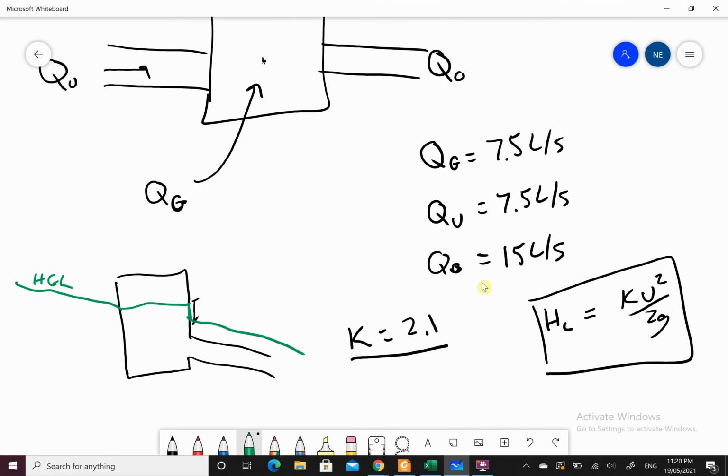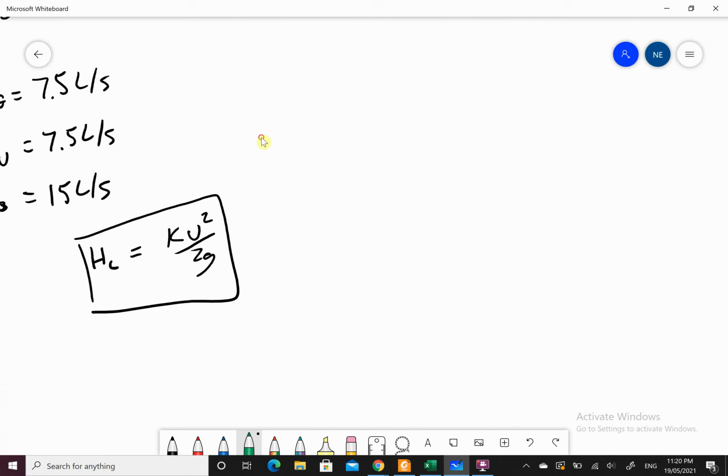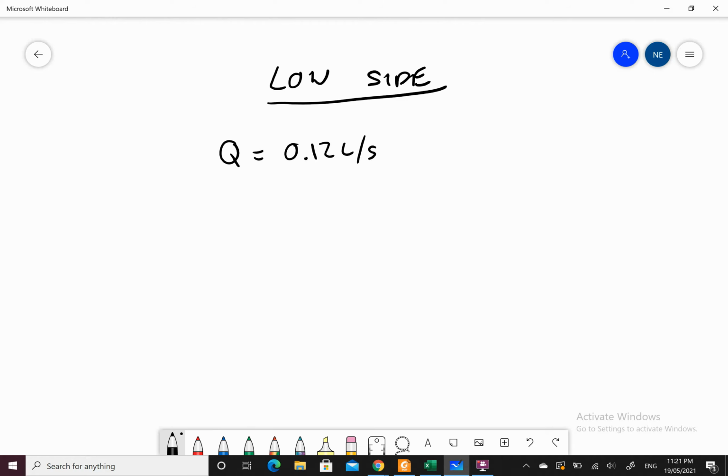So what you'll do is come through, and for the low side, let's write in black, low side, Q is equal to 0.12 liters per second per meter. That's our initial value here. Work out for 80% capture.